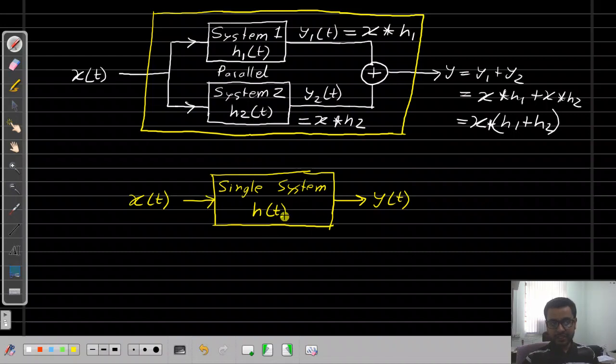Then the question is, what should be the impulse response of this system?